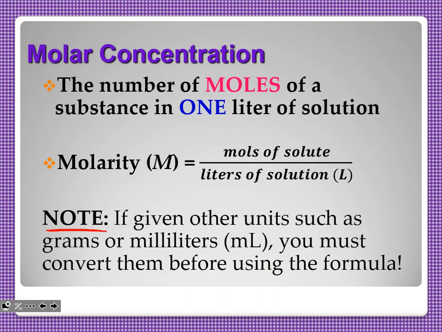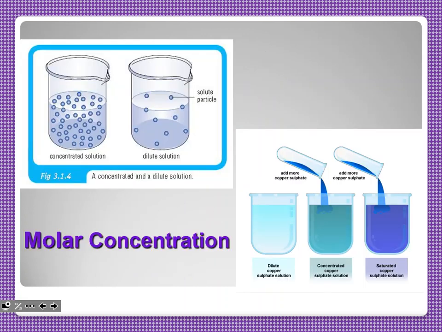So, let's start looking at some examples. And this one shows you a nice diagram too to show you the particles of the solute being dissolved amongst the solvent, or in this case, most of our solutions are going to be made out of water as the solvent, the liters of solution. This one's talking about how when you keep adding it, you can see the color getting darker.